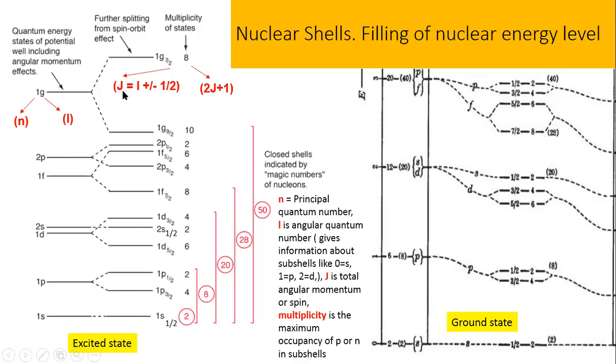So let's move to the second. Let's go for the P. For the P, the value of L, that is the angular quantum number, is 1. So 1 plus half will be 3 by 2, and 1 minus half will be 1 by 2.